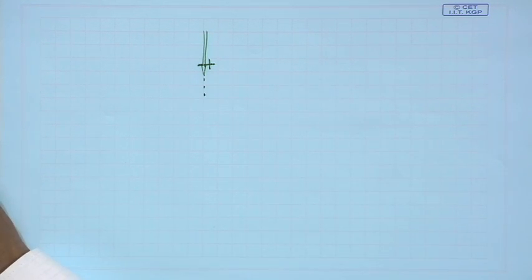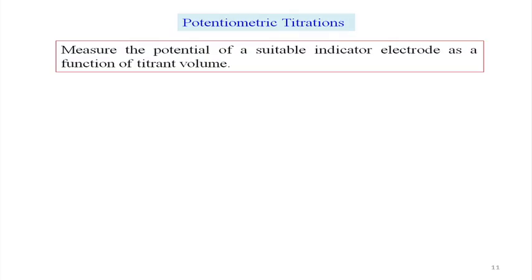The potentiometric titration can be defined in this way: for the measurement of potential, you have the indicator electrode, and with respect to the reference electrode, the indicator electrode will measure the electrode potential as a function of titrant volume.